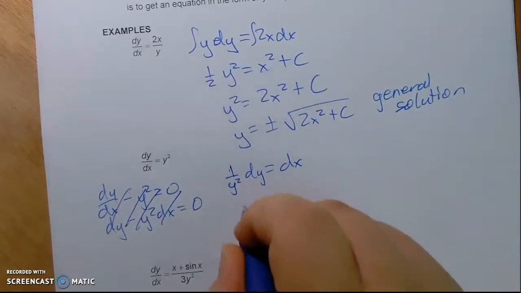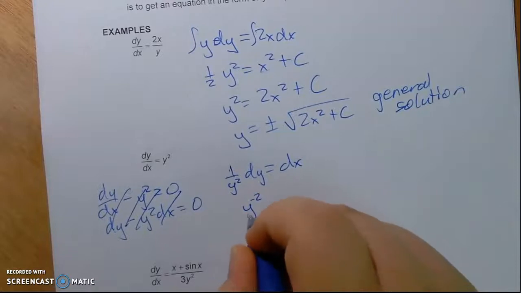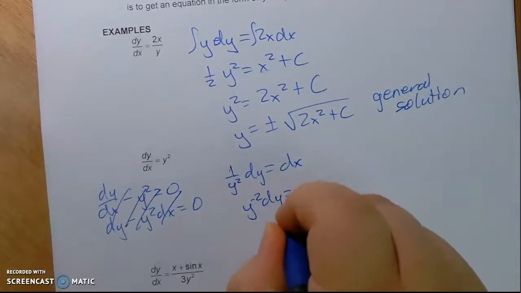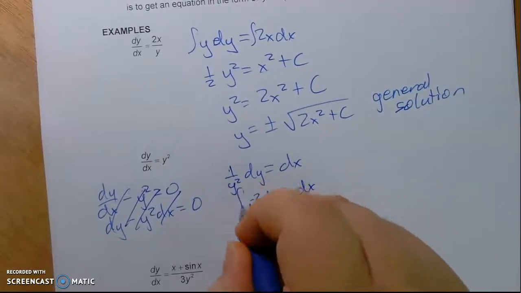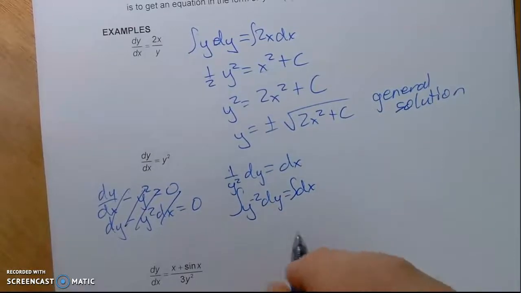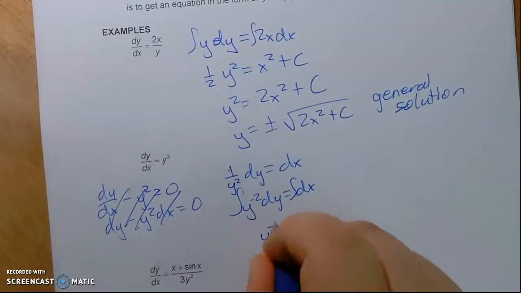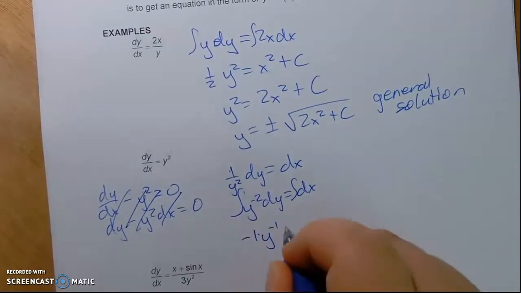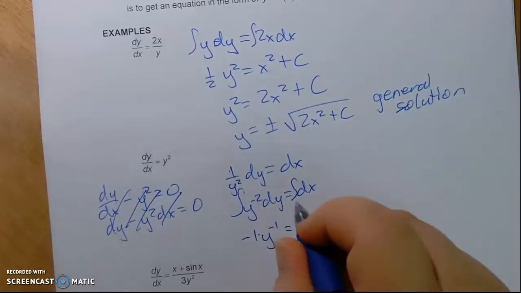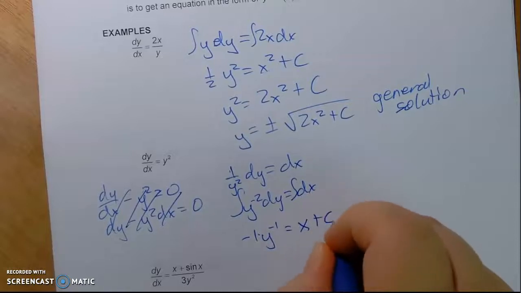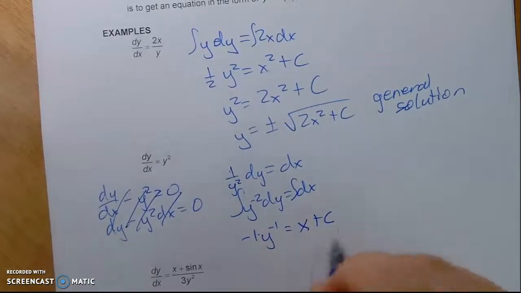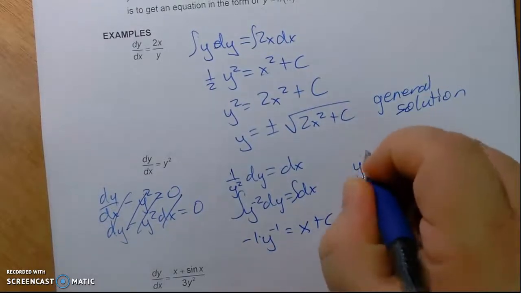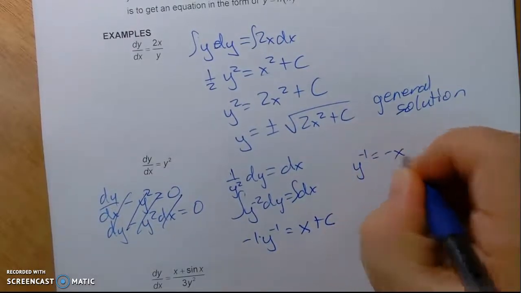Let's rewrite this so we can do calculus with it. So it's y to the negative 2 dy equals dx. Now we'll integrate. Add 1 to the power, we get negative 1. Multiply by the reciprocal, negative 1. And the integral of 1 is x plus c. We will multiply by negative 1, so y to the negative 1 equals negative x.